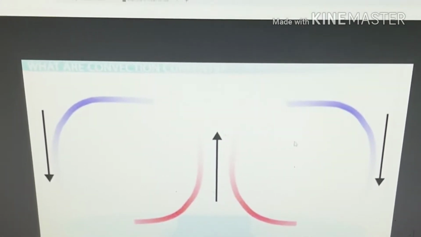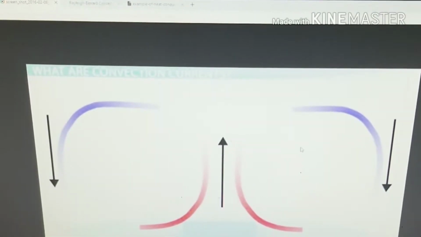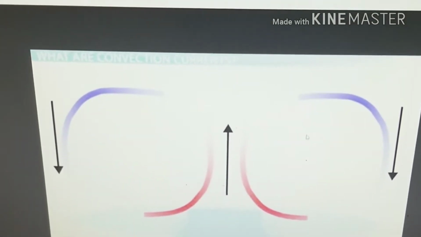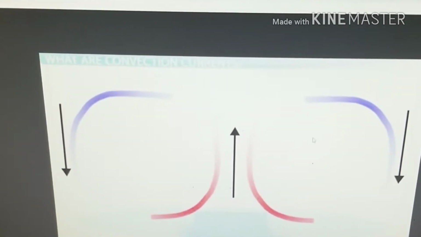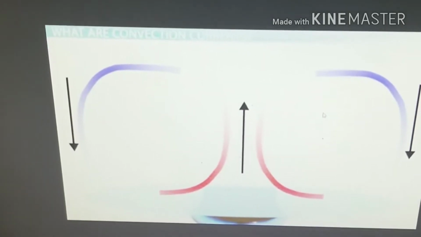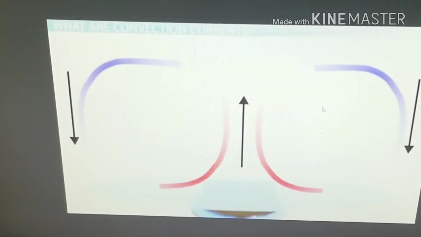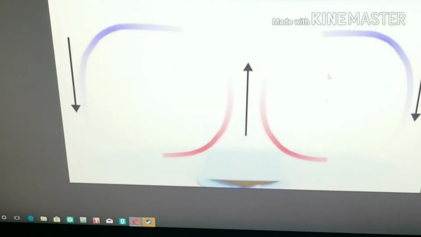So basically, there will be warmer and more energy infused particles that evaporate to the top, while the denser ones keep lowering and lowering till they're at the bottom, and then they become the energetic particles that basically evaporate.